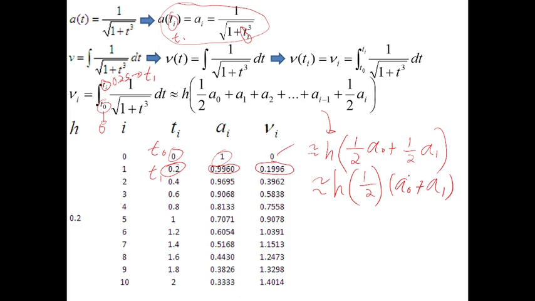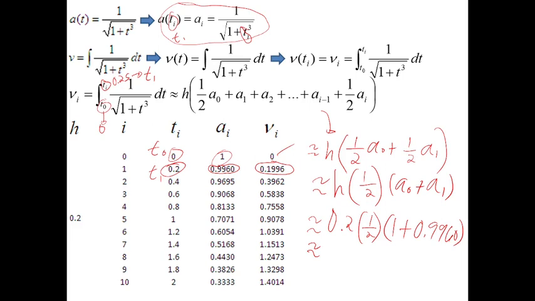Then we will get an answer of what? So h is 0.2 multiplied by 1 half. Then a sub 0 is 1, and a sub 1 is 0.9960. Let us simplify using the calculator.